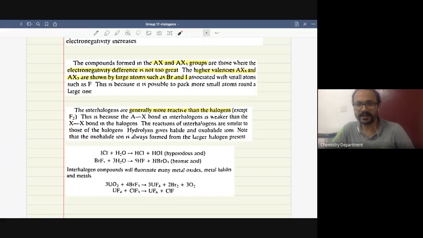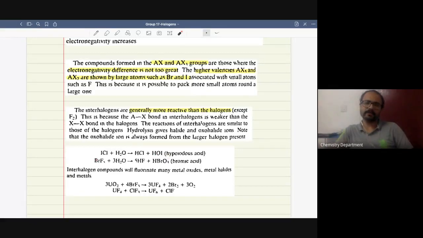The less electronegative halogen actually forms the oxyacid, and the other halogen will form HX. In ICl, the more electronegative is Cl, so it will form HX, that is HCl. However, the least electronegative atom, that is I, will form the oxyacid, that is hypoiodous acid, HOI.